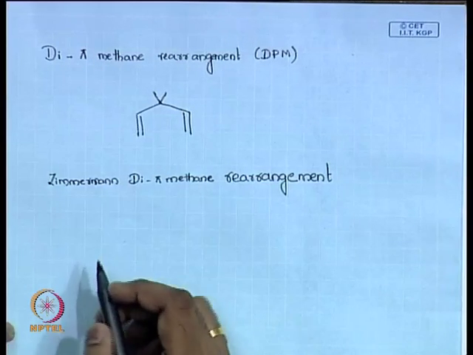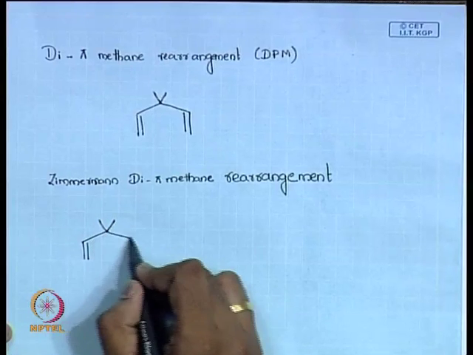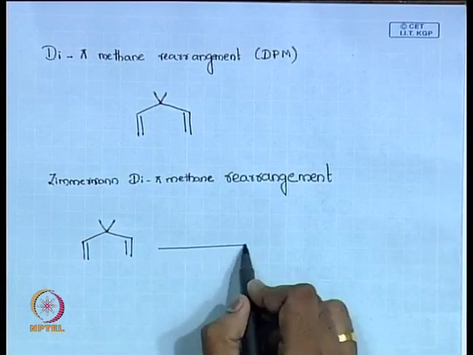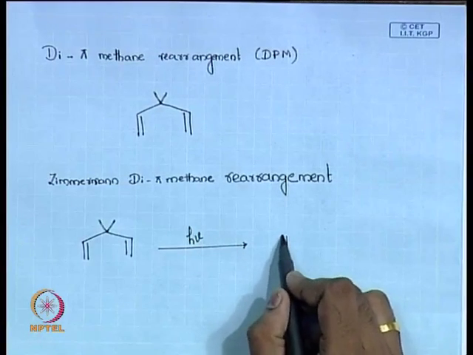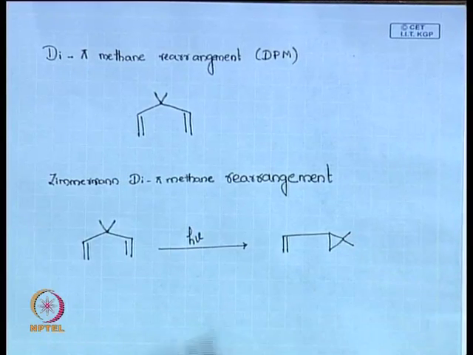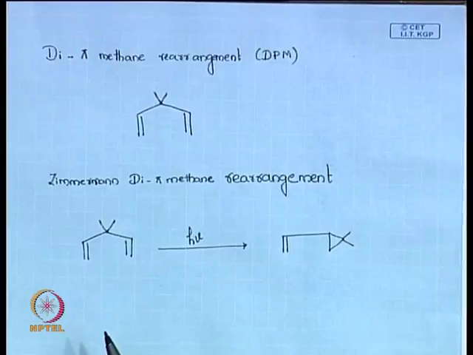Exactly what happens is that if you take a non-conjugated diene and photolyze, you get a product like this, and it is the major product.